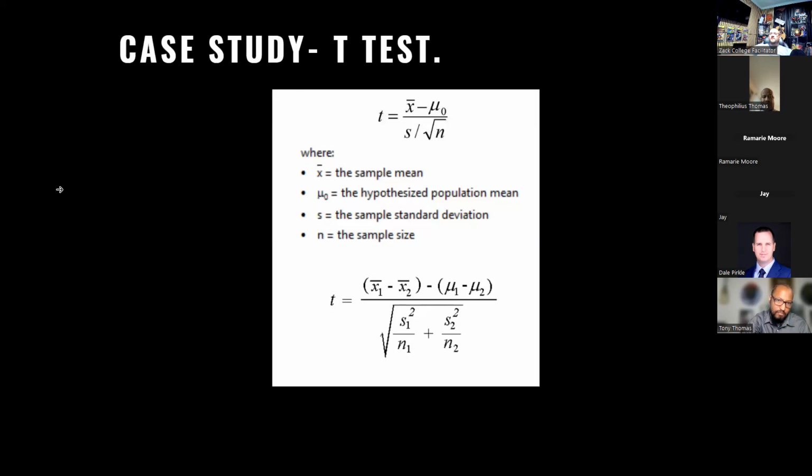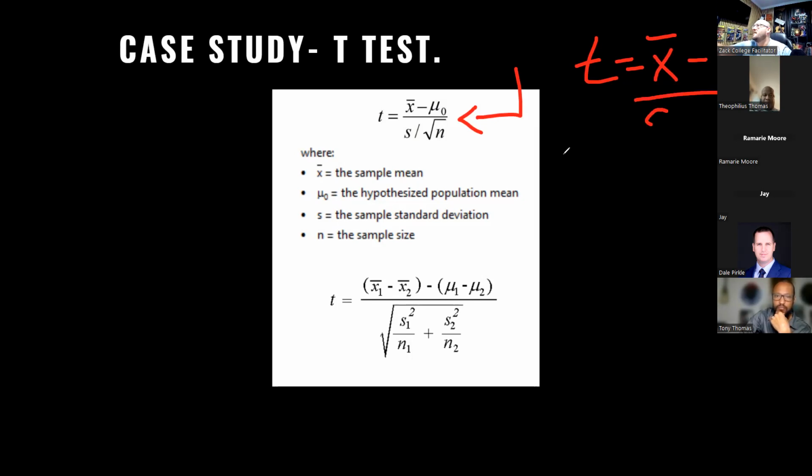We're going to use this value of t equals x bar minus mu, you can just put mu though, divided by s over the square root of n.